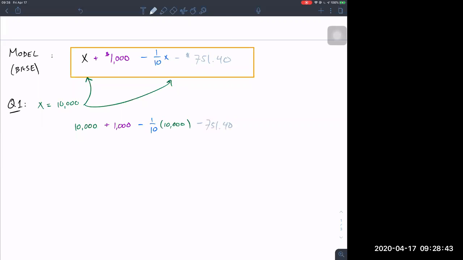Note: you could combine like terms, dot, dot, dot, but read all questions first.